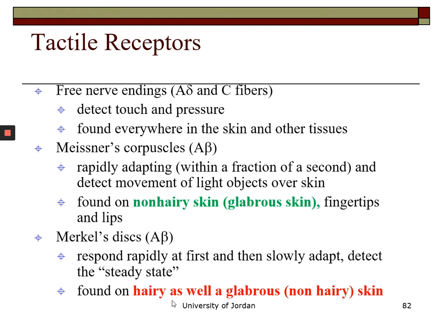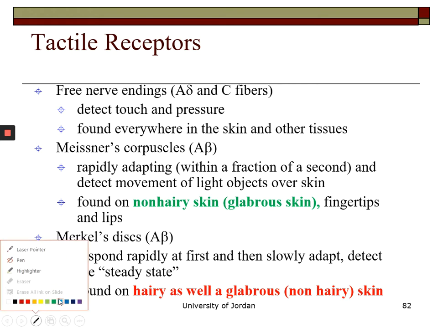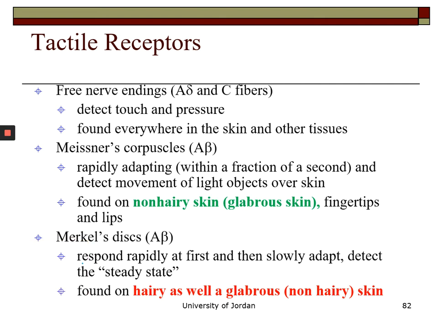Meissner corpuscles, Merkel's disc, Pacinian corpuscles, all of them are connected to A beta fiber, which is large myelinated fiber. As I said last time, since they are encapsulated here, corpuscles, they are rapidly adapting receptors. And rapidly adapting receptors are also sensitive to vibration.